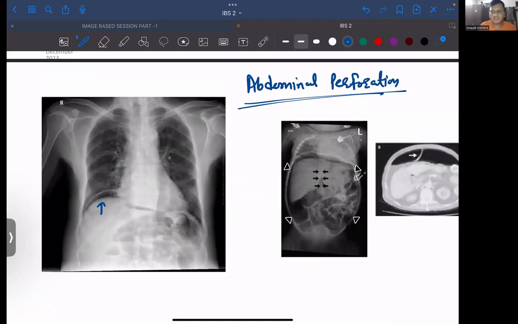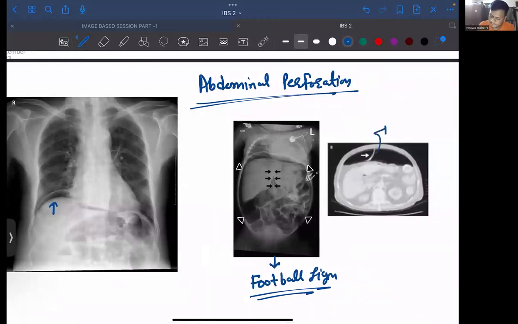Air under the diaphragm is seen in abdominal perforation. इसी को हम बोलते हैं फुटबॉल साइन. इसे हम बोलते हैं फैल्सीफॉर्म लिगामेंट साइन.